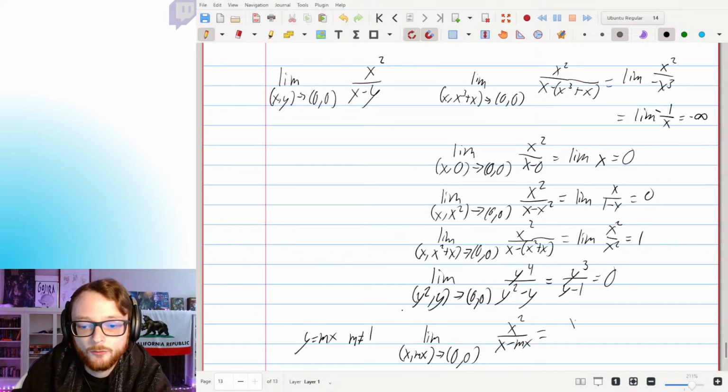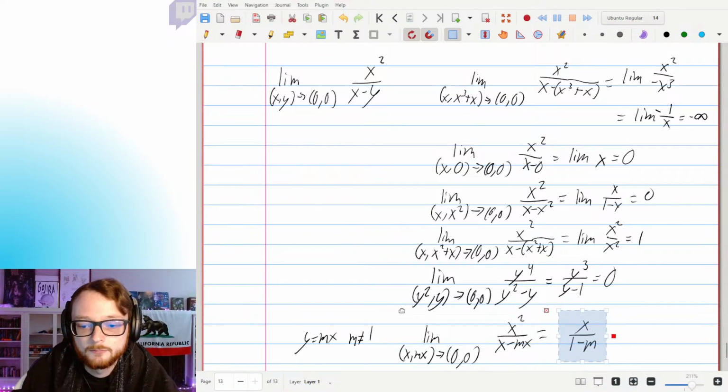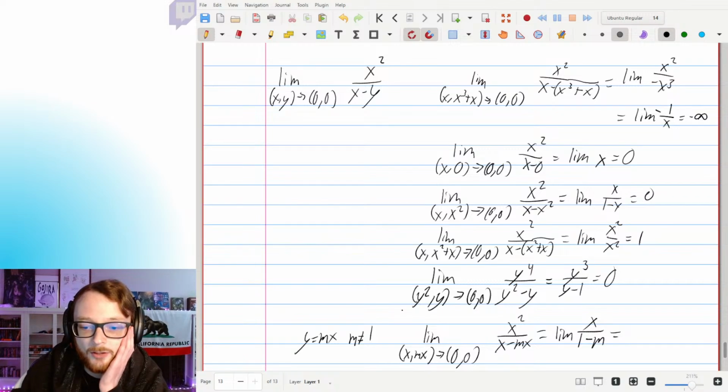And here, if we cancel the x, we get x over 1 minus m. And then when we let, oh my god, I keep forgetting my limit. When we let x actually go to 0, we end up just with 0.